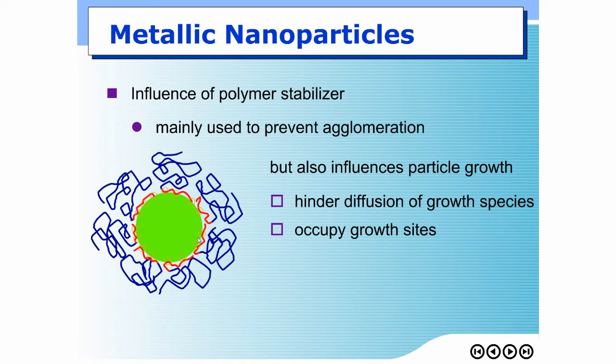All the anchoring groups occupy the surface, so growth species cannot go to that position. In other words, the available surface for the growth species to land on will be reduced simply because the polymer occupies those sites. That should also reduce the growth rate in the same manner.